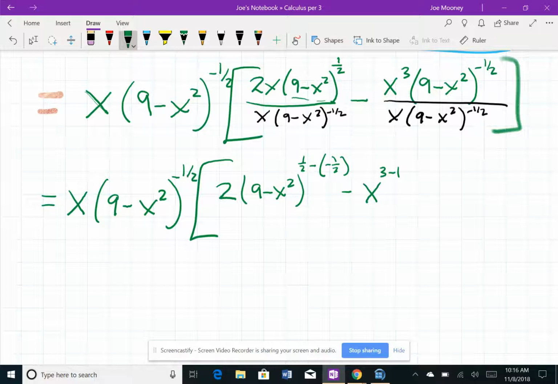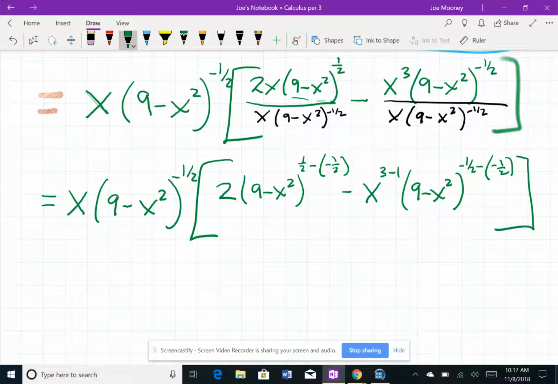I'm doing it with x's not to insult your intelligence, but just to show you that we're dividing like bases. And then you've got your (9 minus x squared) to the -1/2 minus the denominator's power of -1/2. And that's all there.